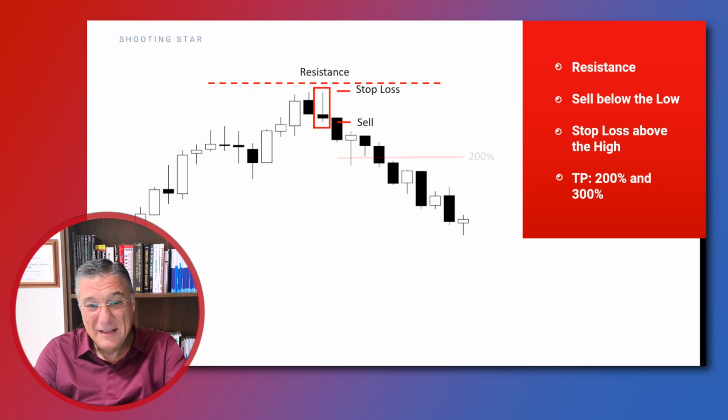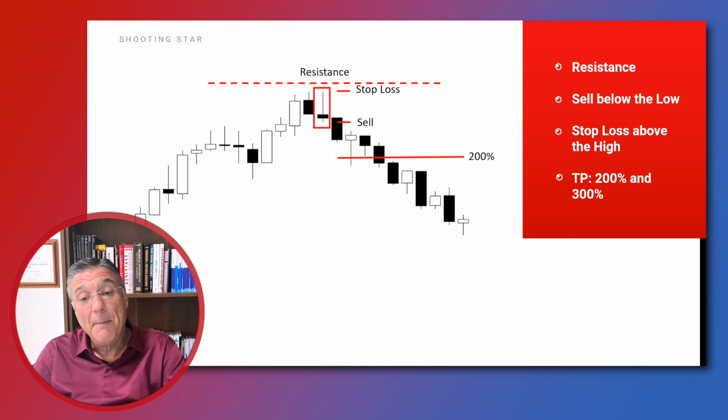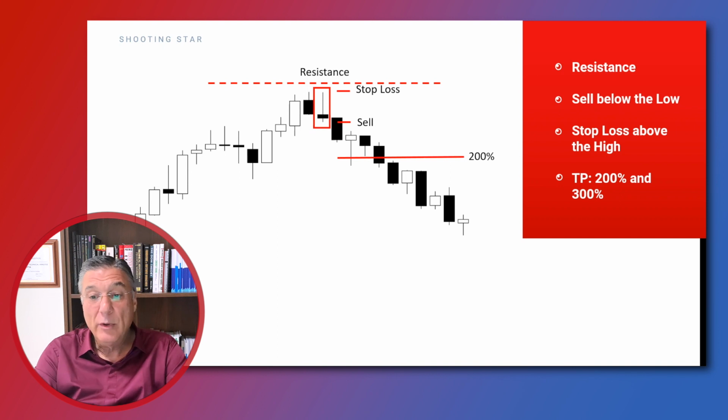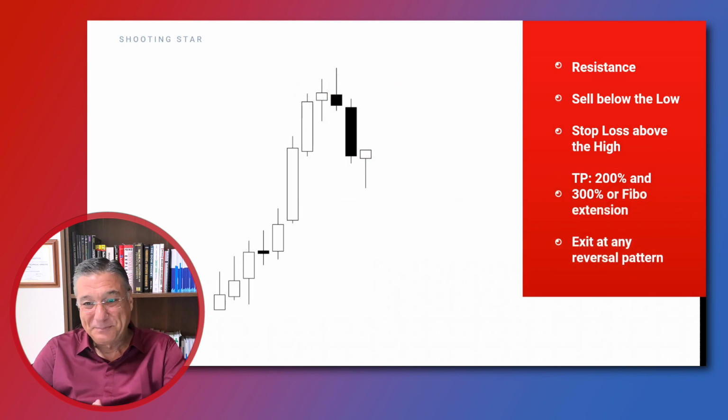Now, the first take profit is seen at the 200% level, but we are not going to close the entire trade, but rather a part of the trade, and we allow another part to run even lower so we can book more potential profits. The second take profit level is seen at the 300% level.